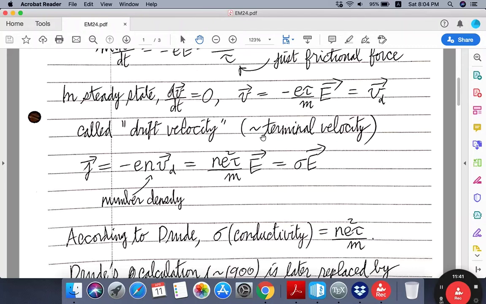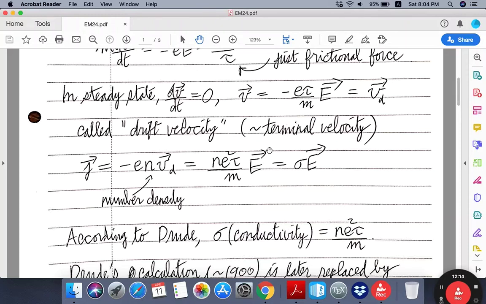Okay, so now with this expression for the drift velocity, we can write down the expression for the current density explicitly, because current density is nothing but the charge density, where I've written n for the number density. So to convert the number density to the charge density, one needs to multiply it by the charge of an electron, which is minus e.